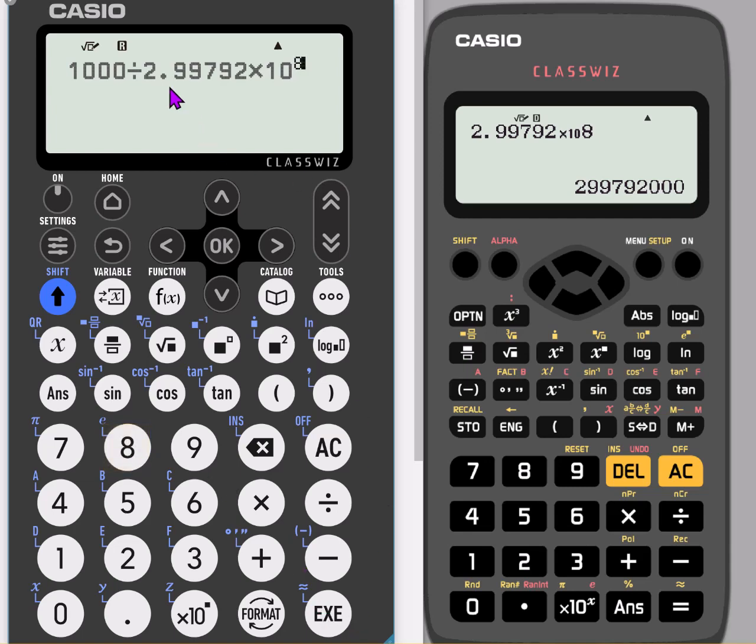So the answer we would get here, and it's wrong, would be, you'd be hoping that it would tell you the wavelength of a kilohertz radio wave. Okay, well, let's see what we get over here.